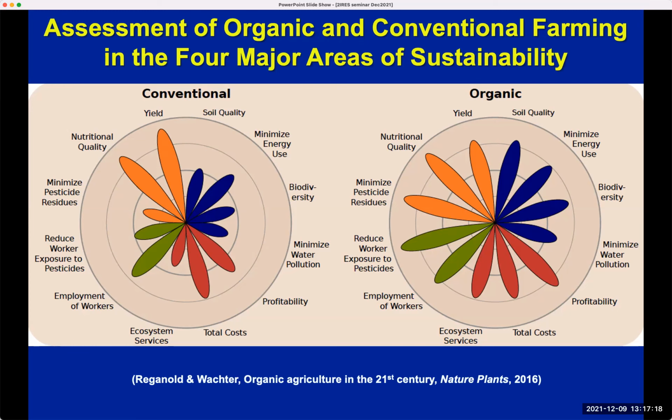And the reason is because organic growers basically get a premium for the food. And the costs were exactly the same.